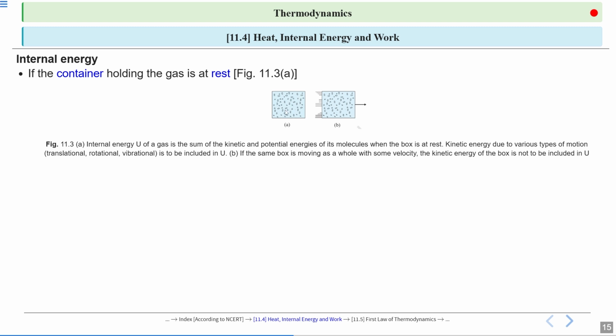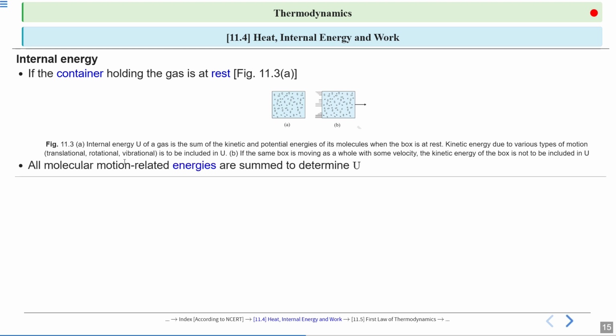So here the gas particles are at rest, so their internal kinetic energy should be 0, but they possess internal potential energy due to their molecular configuration. All the molecular motion related energies are summed to determine U. If we add the energy due to the molecular configuration and due to the molecular motion, that is the internal energy here. All right.